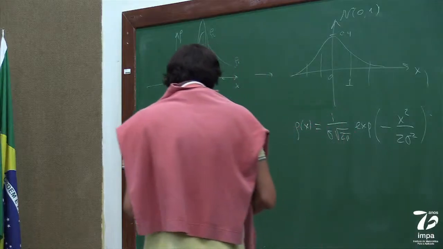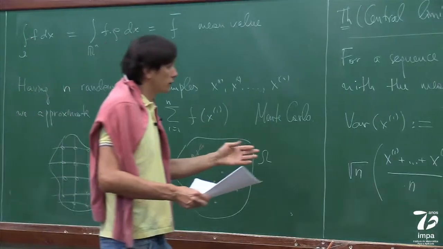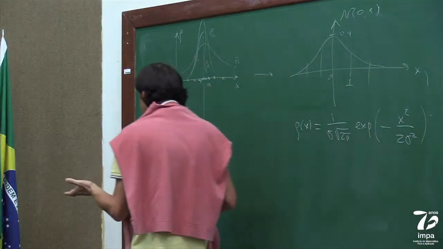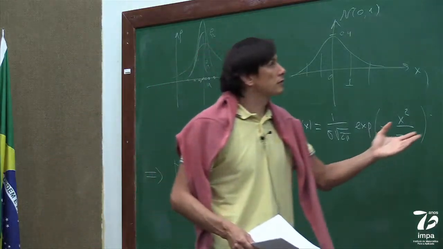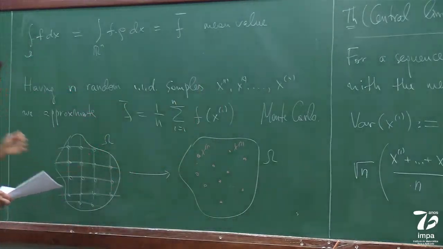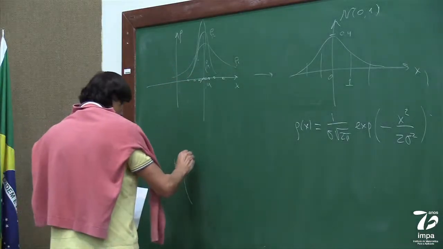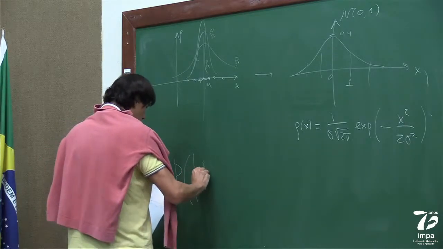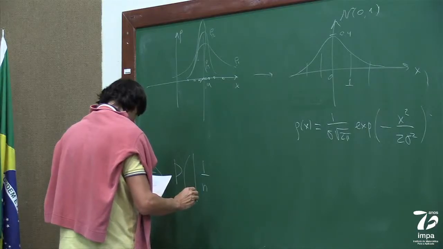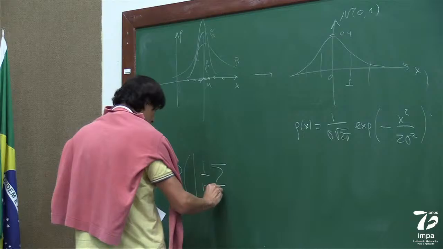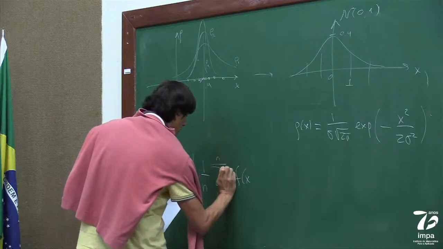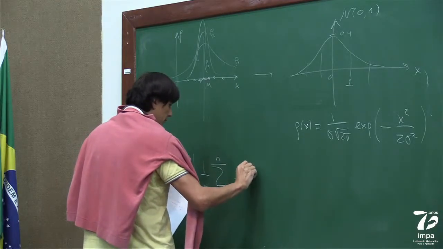But now we can apply it, instead of x1, x2, xn, taking the function at these points. So if x is an IID random variable, then f of x is also IID. So we take the modulus of 1 over n sum of f of xi.